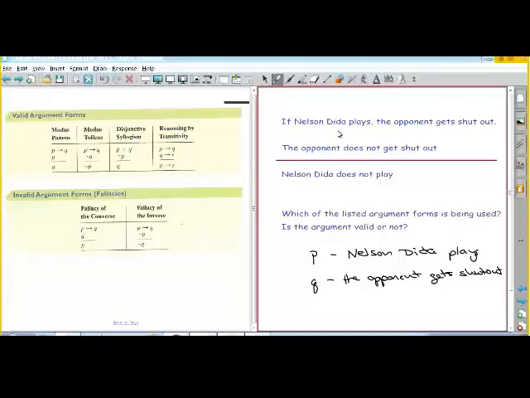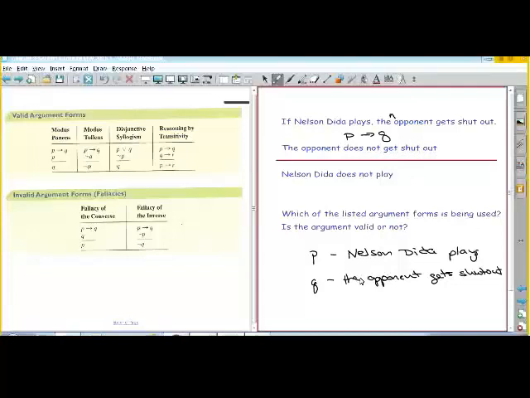And now we can rewrite the original argument in terms of the symbolic logic. The first one is a conditional, which means it's an if-then statement. So we can replace this first premise with if P, then Q. The second premise is the opponent does not get shut out.